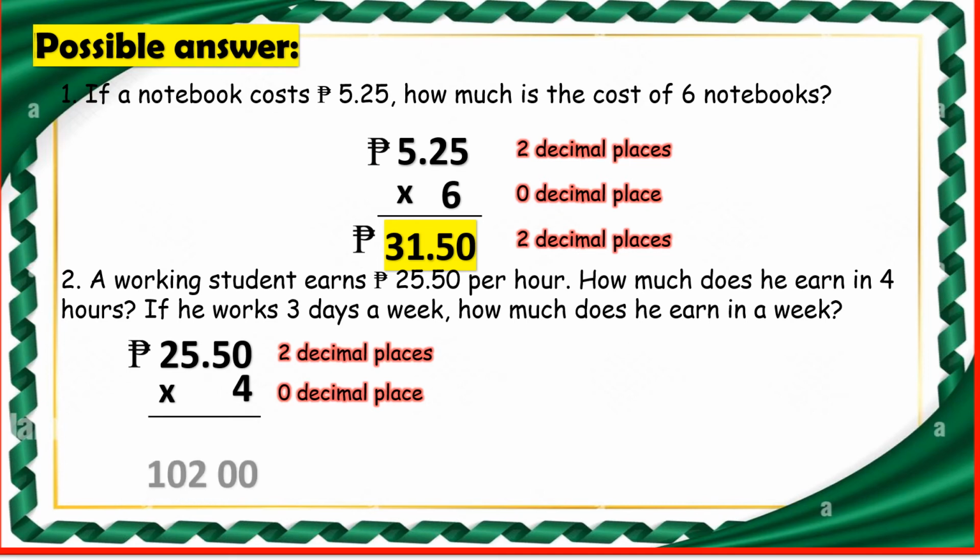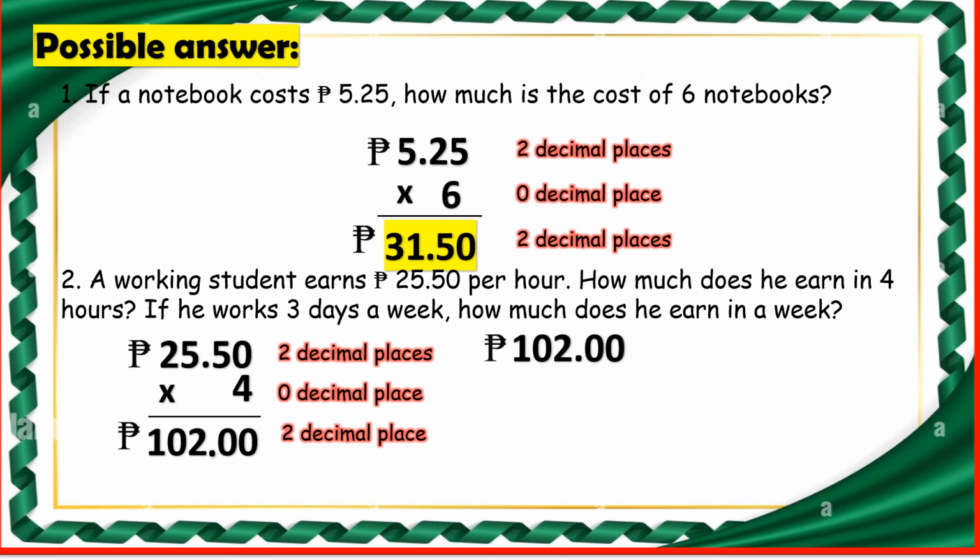So the product will be 10,200. It has two decimal places, so we will move the decimal point two decimal places. So the answer is 102 pesos.